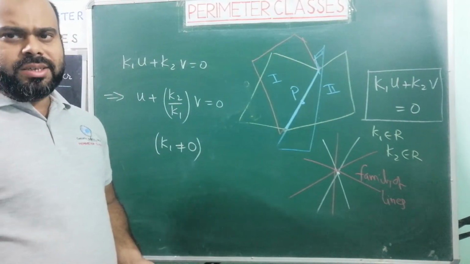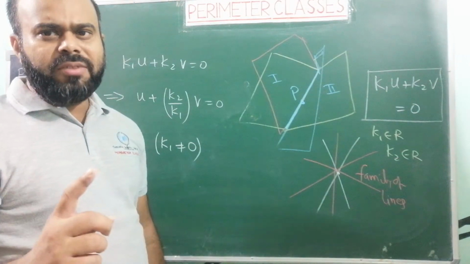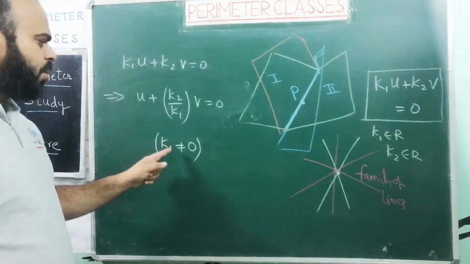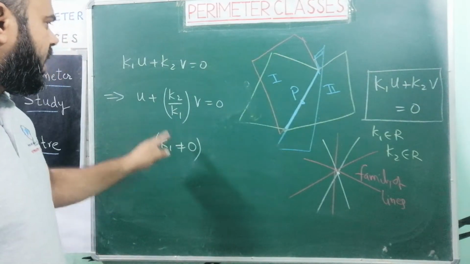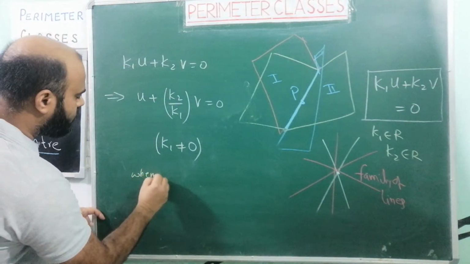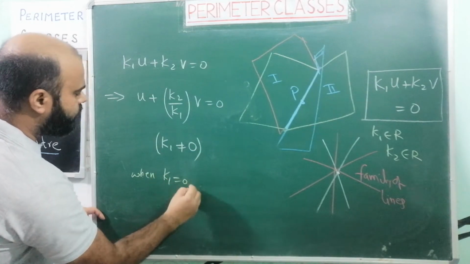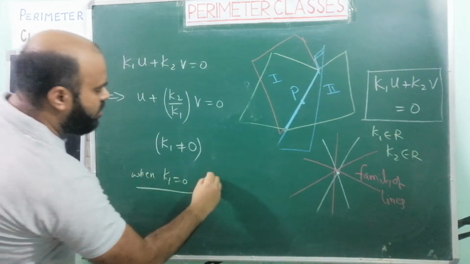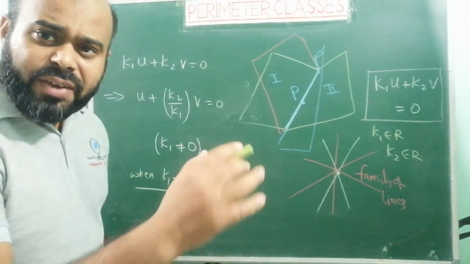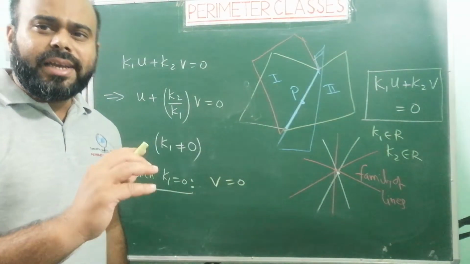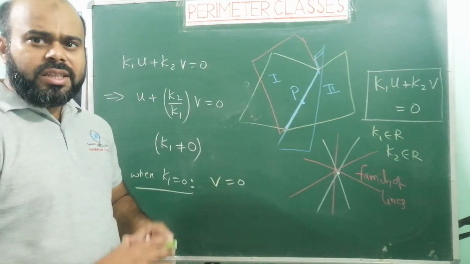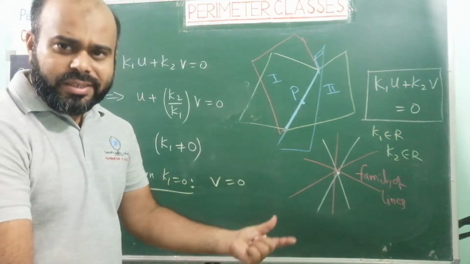By doing this, one plane from the family will be omitted. Which plane will that be? That is the plane when k1 is equal to 0. When k1 is equal to 0, this will vanish and v equal to 0 is the plane, which is one of the given planes. So for practical purposes, if there is a question, the given plane cannot be asked in a question.